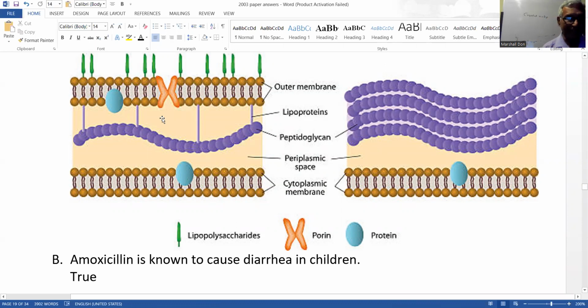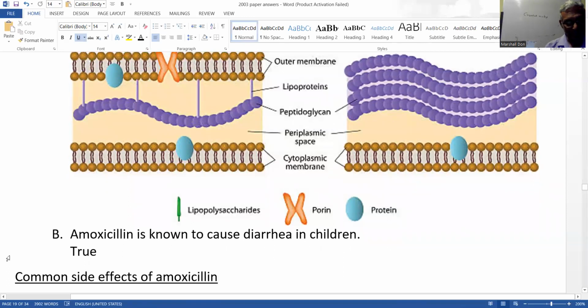So gram positive and gram negative, what is the main difference? They are the cell wall, the bacterial cell wall structure. So the other part is the same. This is the normal cytoplasmic membrane. So this is the difference between gram negative and positive.